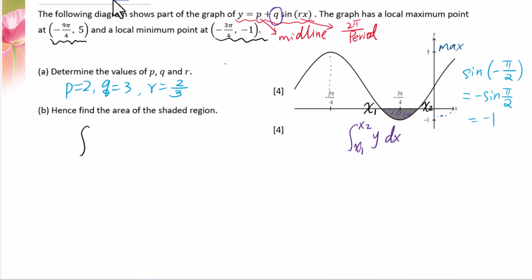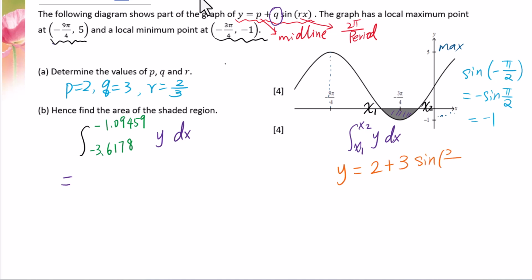We need a full answer. The integral from negative 3.6178 to negative 1.09459 of y dx, where y equals 2 plus 3 sine of 2 over 3 x.